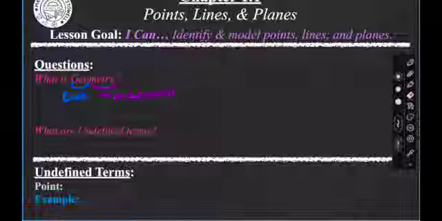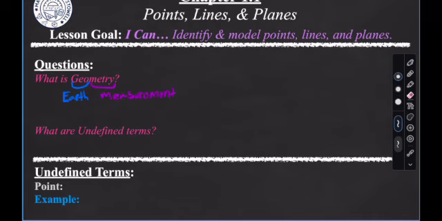You all know what a point is. You all know what a line is. You are going to find out what a plane is based off of a picture that is drawn. We can't really describe it. It's more of a visual representation.